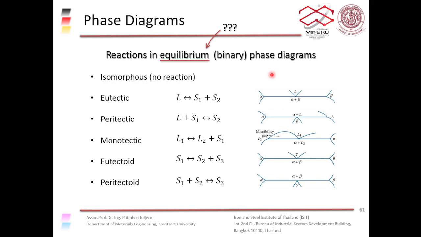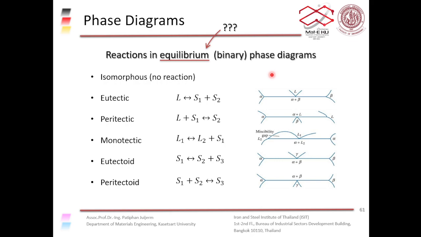But the concepts that you use in the binary phase diagram can also apply to those ternary or quaternary phase diagrams as well. So we're using the binary phase diagram as an example for you to get the concept of the phase equilibrium diagram, right? And then you can apply those concepts to other types of phase diagram.